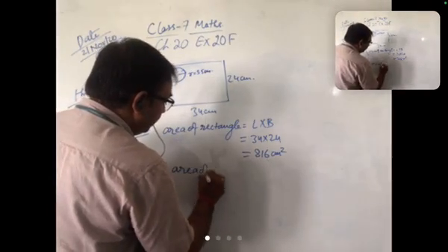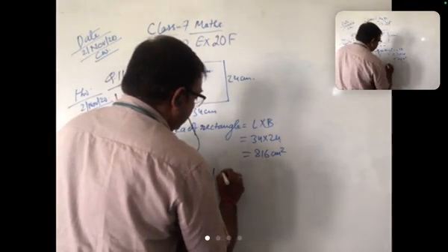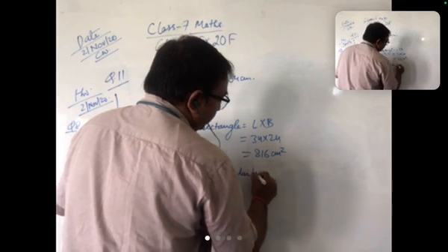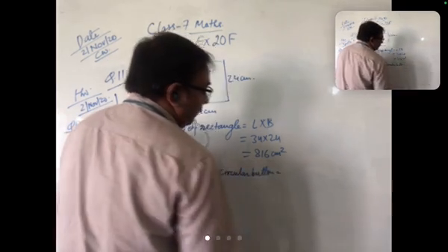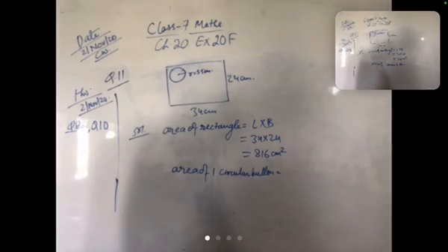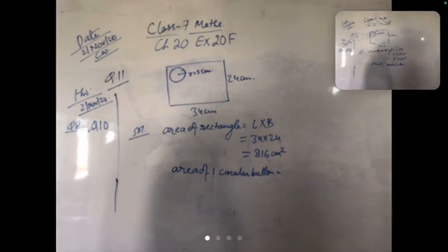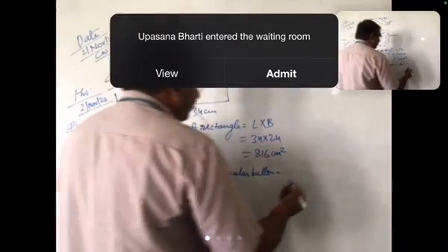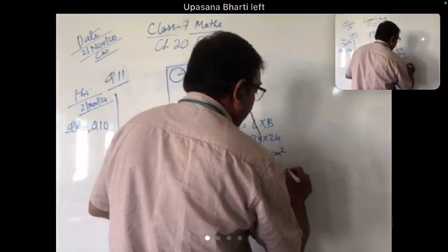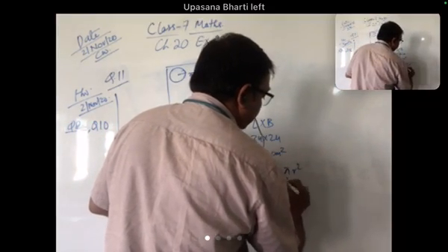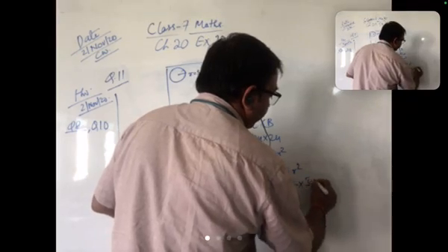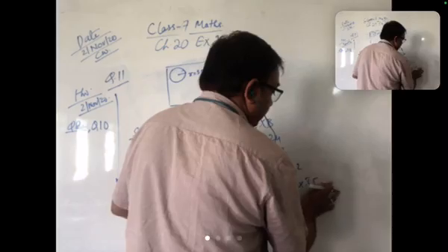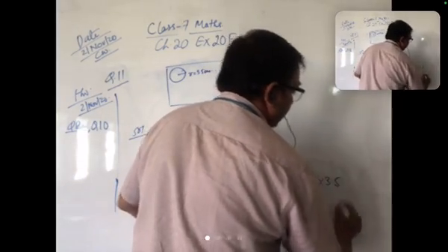Area of one circular button. The area is pi r square, and this is 22 upon 7 times 3.5 squared, or we can write it as 3.5 into 3.5.